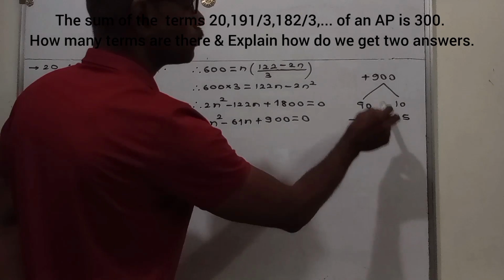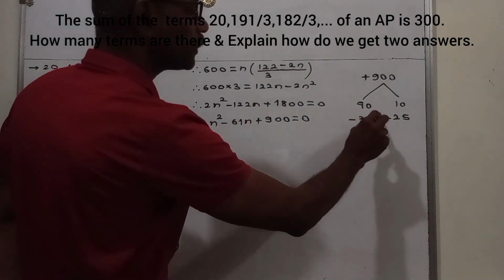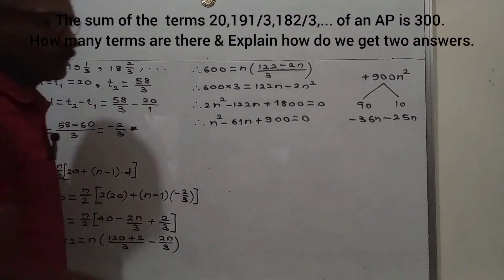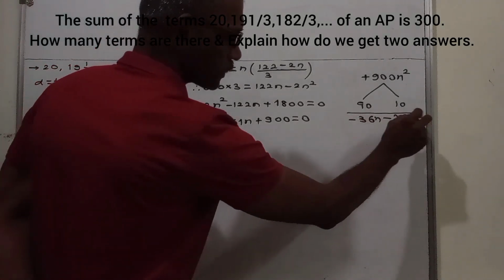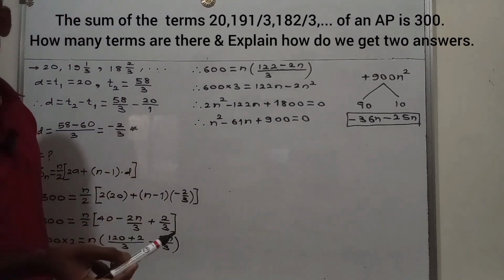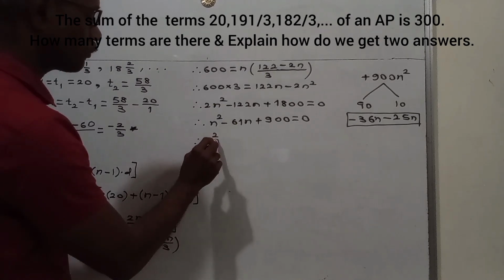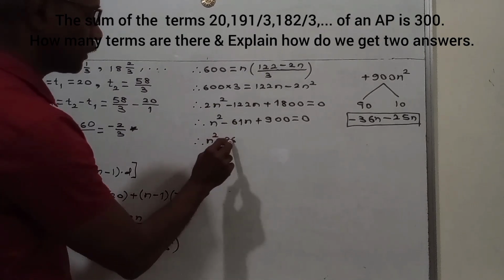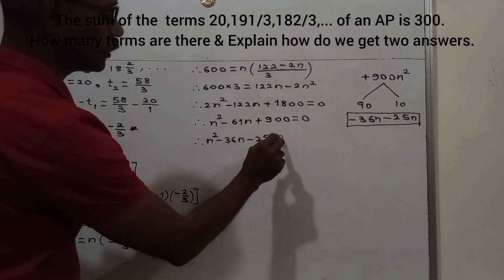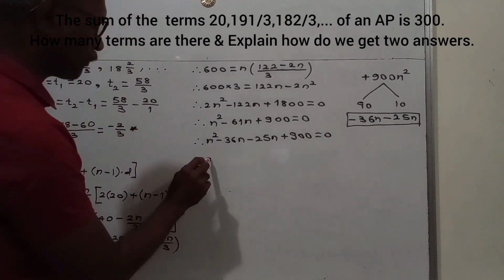Minus into minus is plus, and the middle term is minus 61n. This is our splitting: minus 36n minus 25n. Therefore n square minus 36n minus 25n plus 900 = 0.